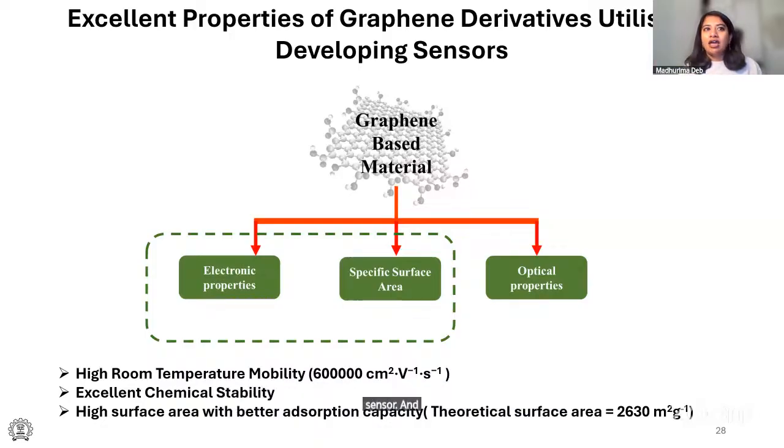And as I already mentioned, the surface area is very high, so the absorption capacity of that material is also very high. As a result, it gives us very good sensing properties.